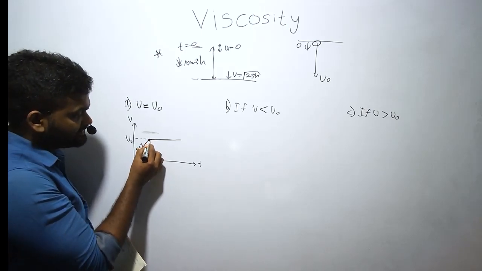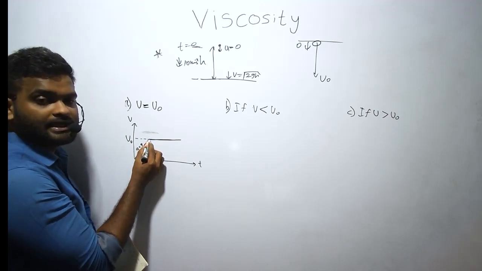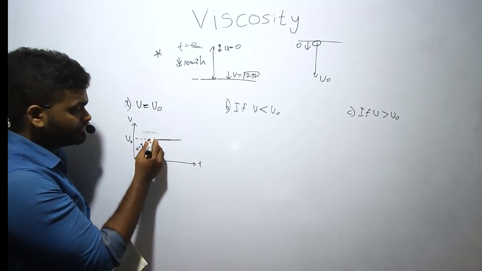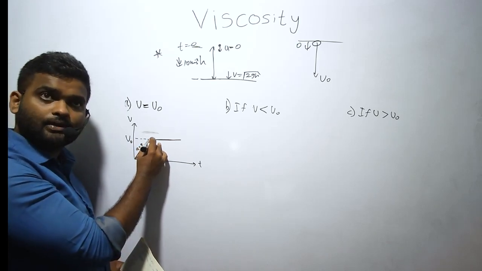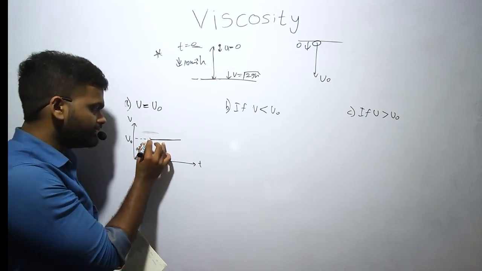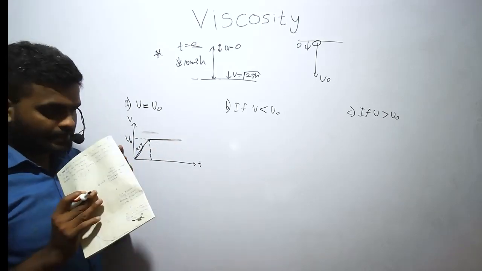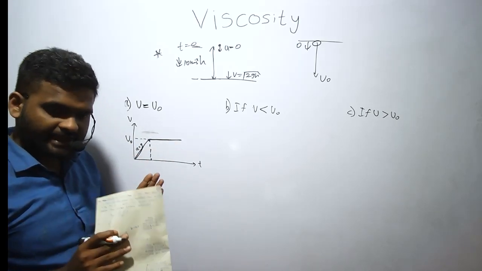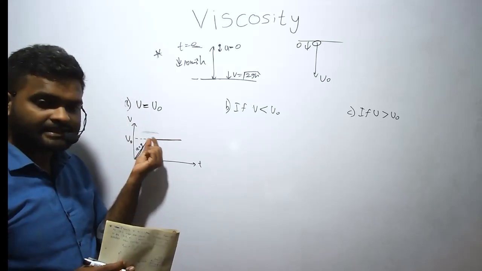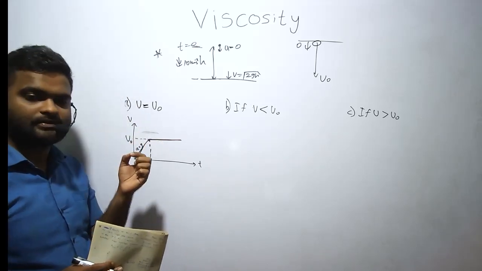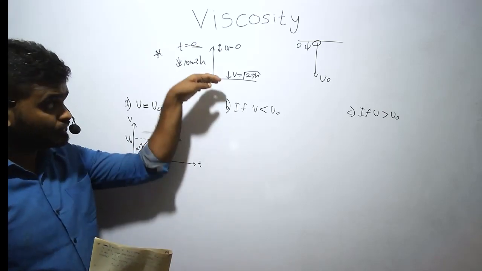Then as it enters the liquid, it already has terminal velocity, so it doesn't have to accelerate in order to gain it. It just keeps moving at v naught. And at the end, all it needs is to gain the terminal velocity. This already has terminal velocity, so it just keeps moving at that through the liquid.